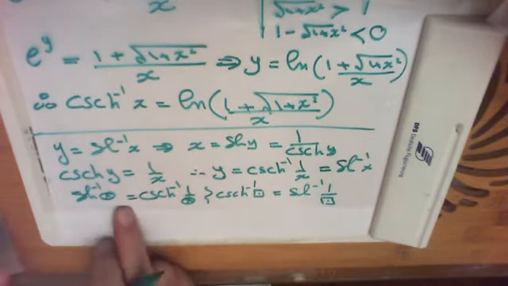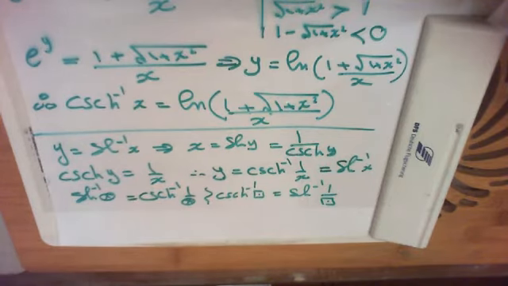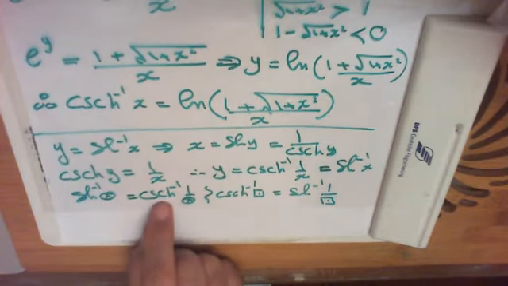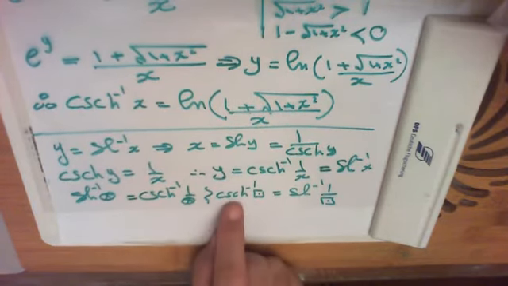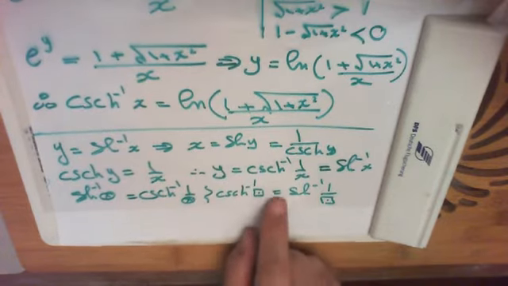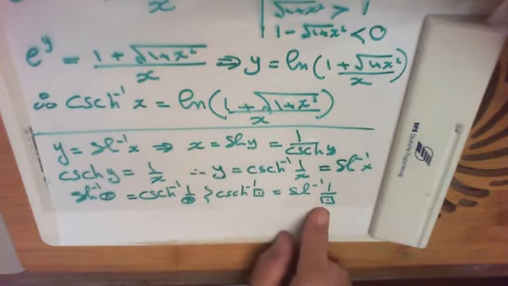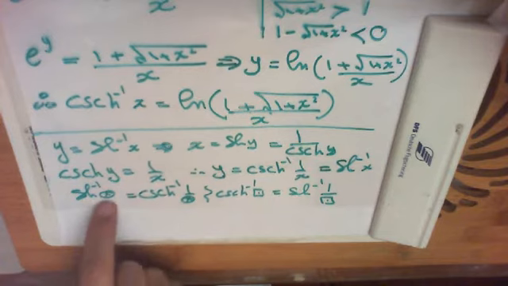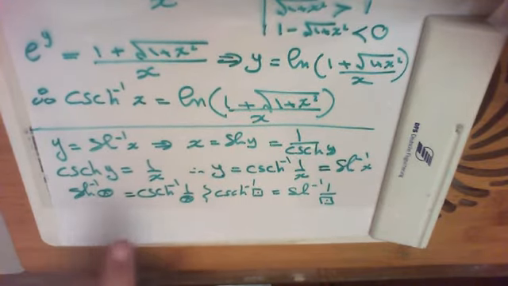Actually, this property is still preserved for the inverse trigonometric functions. What do I mean? Sine minus 1 of some quantity equals cosec minus 1 of 1 over that quantity, and cosec minus 1 of some quantity equals sine minus 1 of 1 over that quantity. This property is preserved for the inverse trigonometric functions as it already exists for the inverse hyperbolic functions.